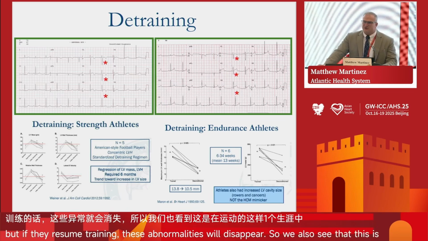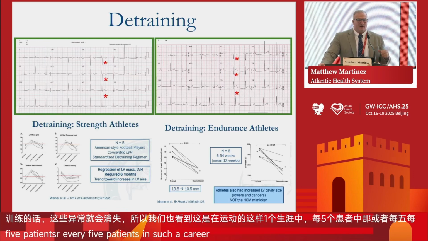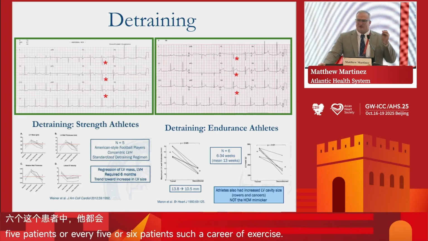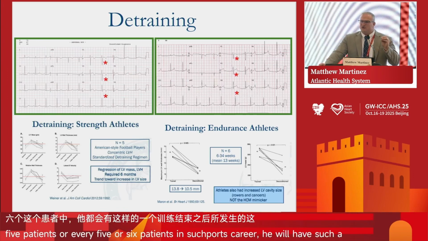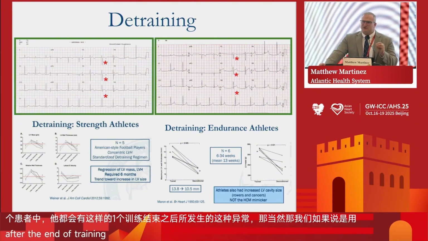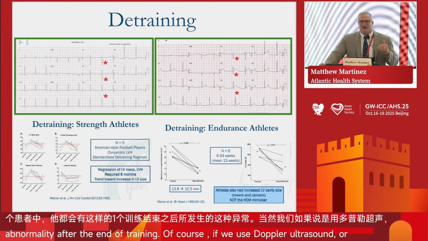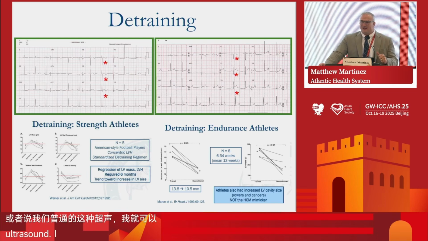Not a lot of data to support detraining. So you don't really need detraining in the current era. Most of this can be sorted out using a good echo with Doppler, strain imaging, and cardiac MRI and a stress test. You don't really need to keep them out of training for 3 months to determine it. And by the way, the data doesn't support doing that anyway.